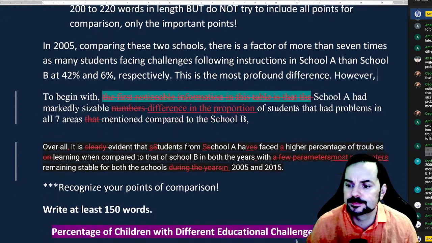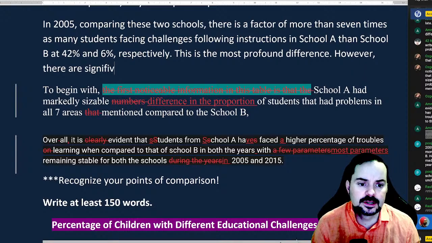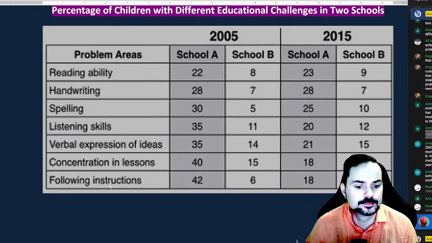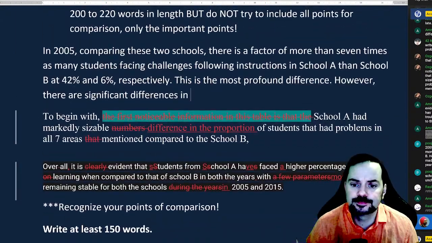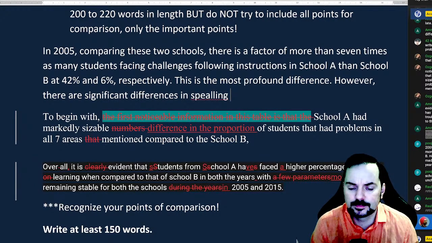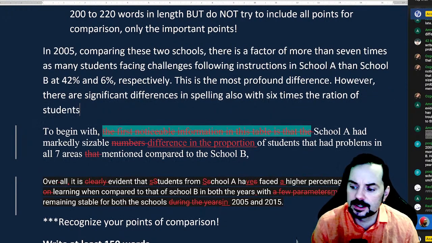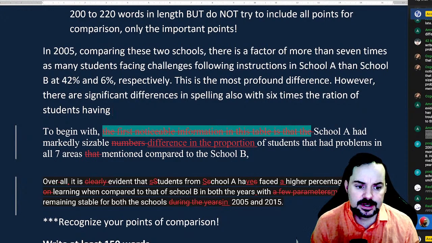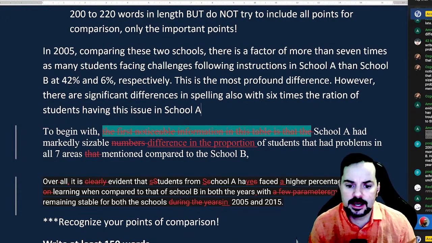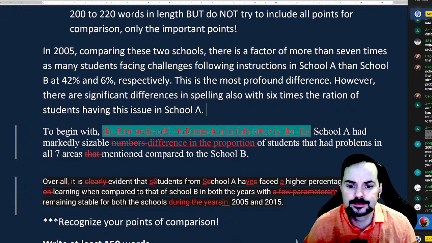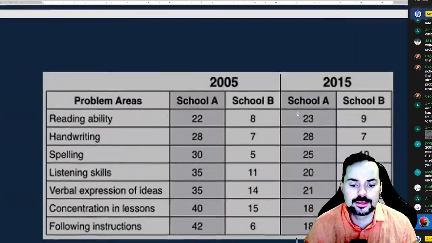However, there are significant differences in spelling, also with 6 times the ratio of students having this issue in school A. Okay, and now my point 3, right?